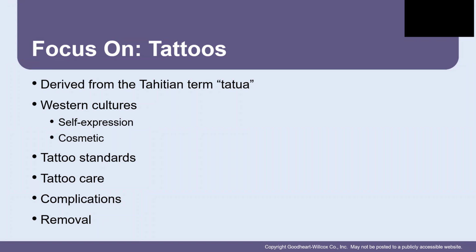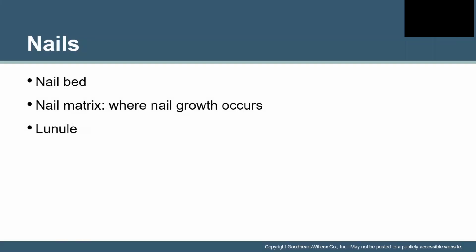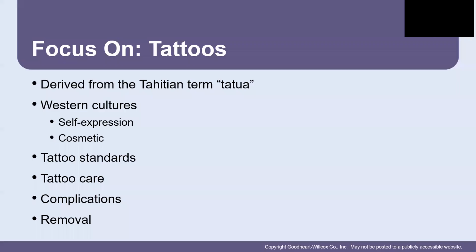Okay, so let's talk through this slide just a little bit. As far as tattoos go, I personally don't know much about tattoos. I don't have any. In order to get a safe tattoo, you have to know what you're getting.